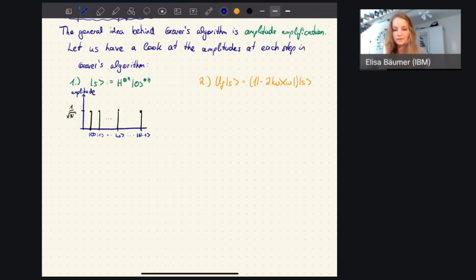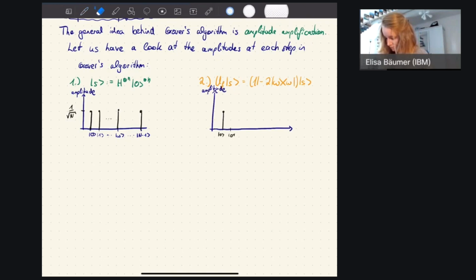And so what this actually corresponds to is, well, we see that if we don't have the state W but any other state X that is not W, nothing happens. So the amplitude just stays the same as before. So for the state 0 and 1, we have the same amplitude as before, but then for the state W, we actually get minus. So we flip the amplitude for that one.